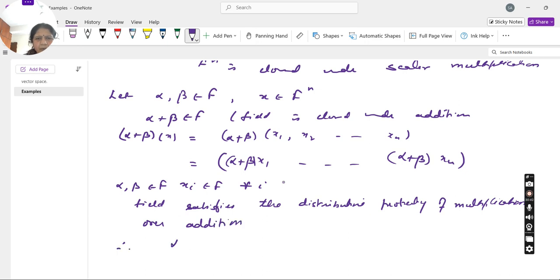And therefore (alpha plus beta) xi is equal to alpha xi plus beta xi for all i.